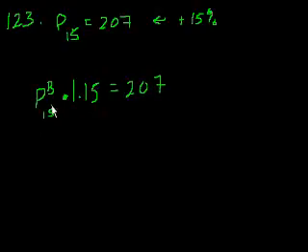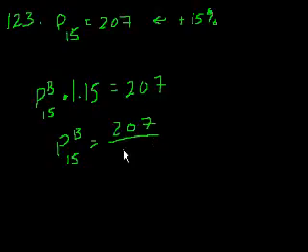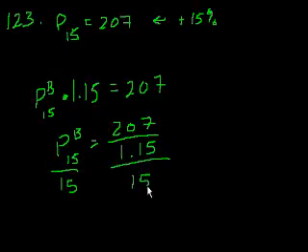And we want to figure out the average price per person. So the price before gratuity of the 15 people is equal to 207 divided by 1.15. And we want to figure out this divided by 15.